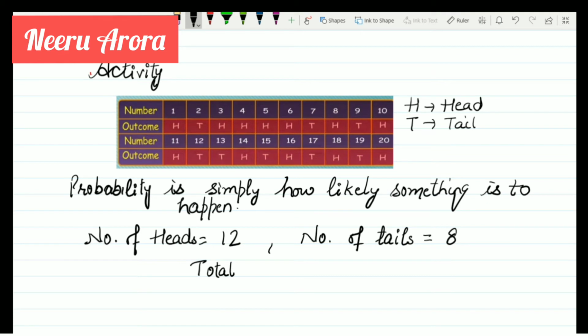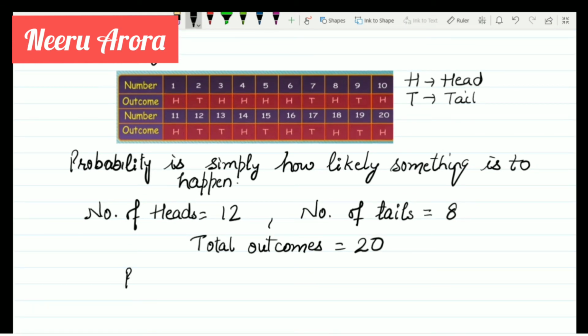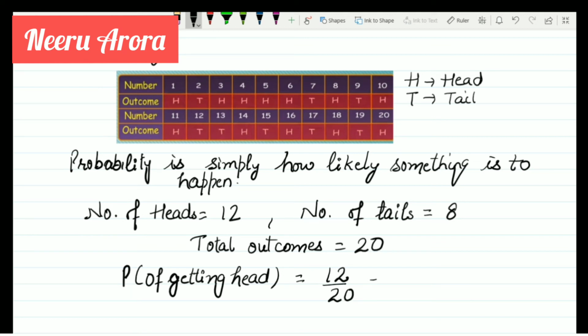We tossed a coin 20 times. Total outcomes is equal to 20. So now what is the probability of getting head? Out of 20 outcomes, we get head 12 times. So probability is equal to 12 upon 20, and its standard form is 3 by 5.